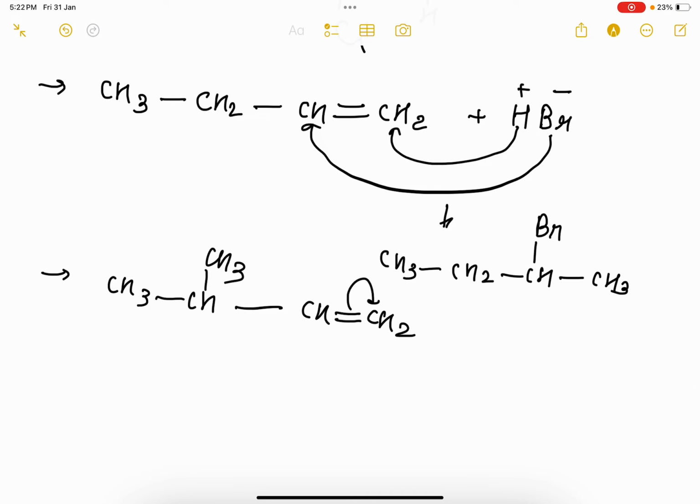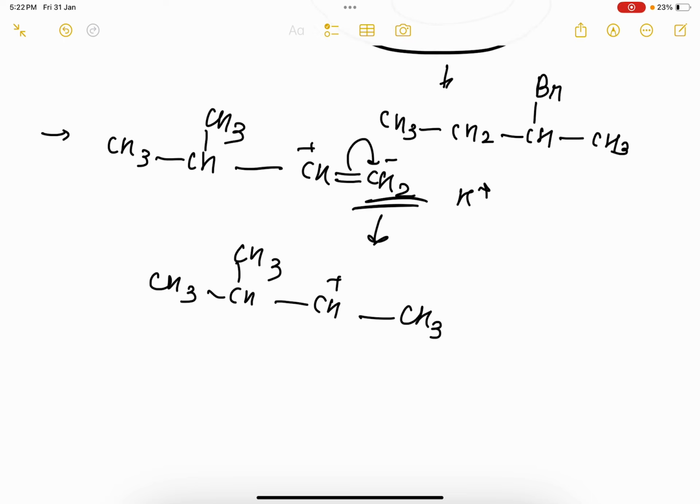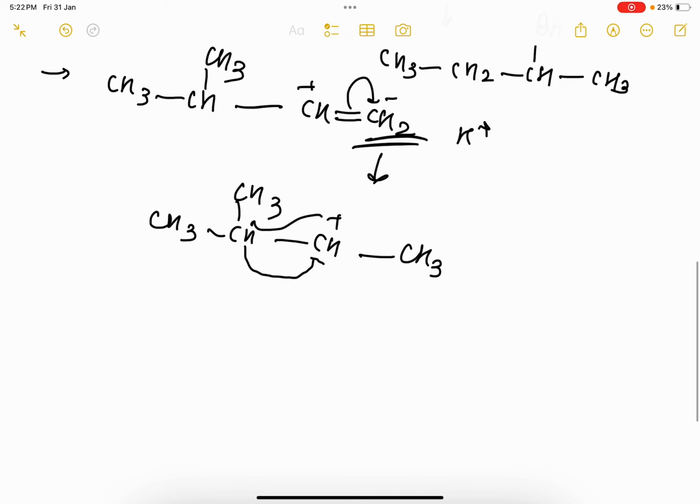Without any doubt H plus goes to that carbon which contains more number of hydrogen, and it forms CH3-CH(CH3)-CH+-CH3. There is a possible chance of rearrangement because if we shift this alpha hydrogen to here and the positive charge here, we can obtain a more stable carbocation which looks like this: CH3-C+(CH3)-CH2-CH3.